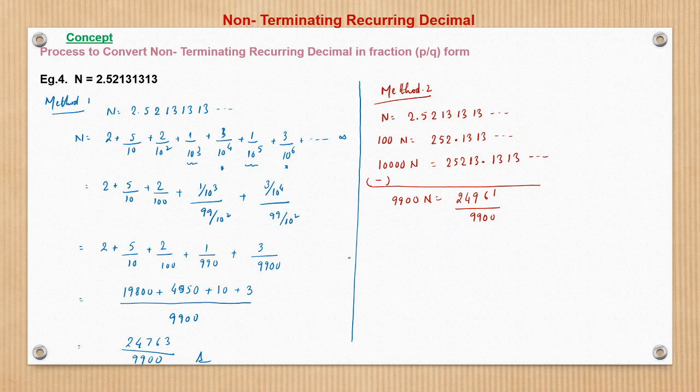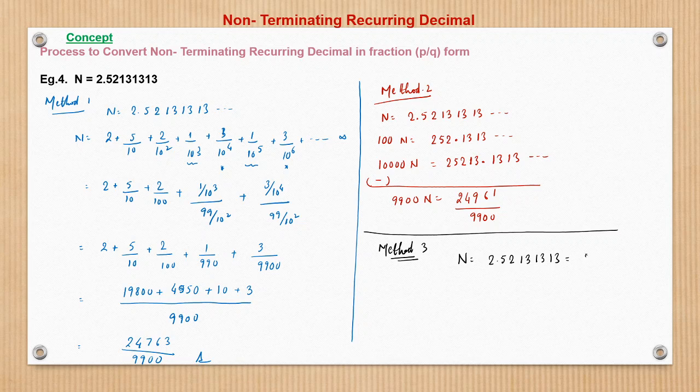Now we will solve this using the direct approach, which is method 3. Here n is 2.52131313.